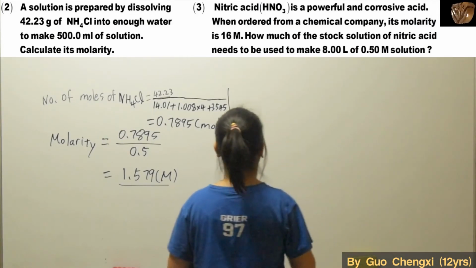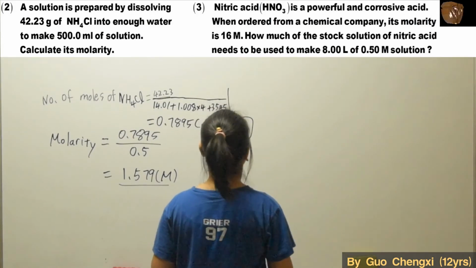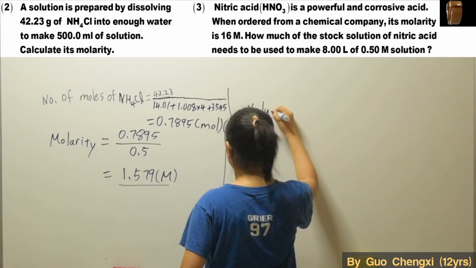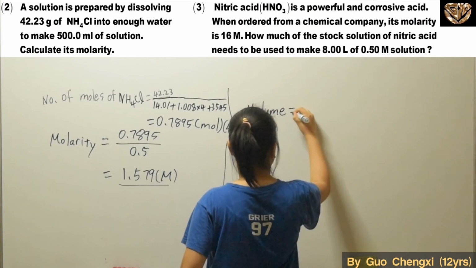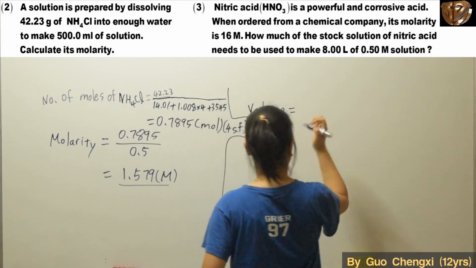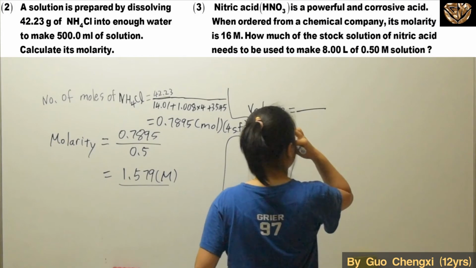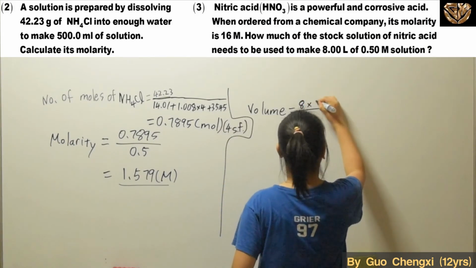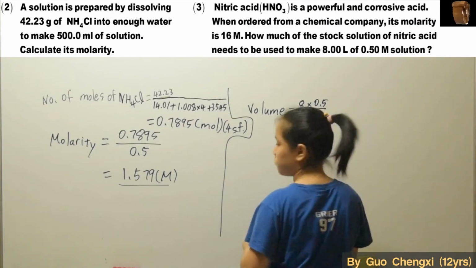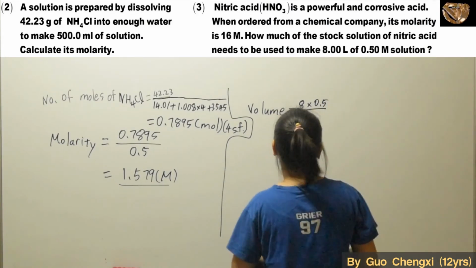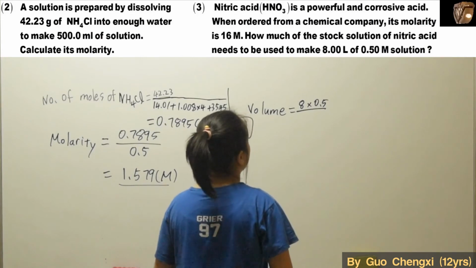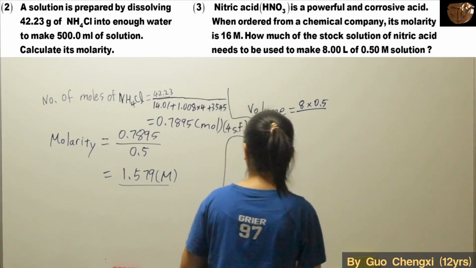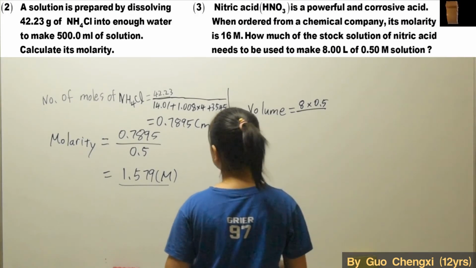So basically, this equals, as you can see for this part, what you want is 8 times 0.5 M. This is what you have because this is what you want.